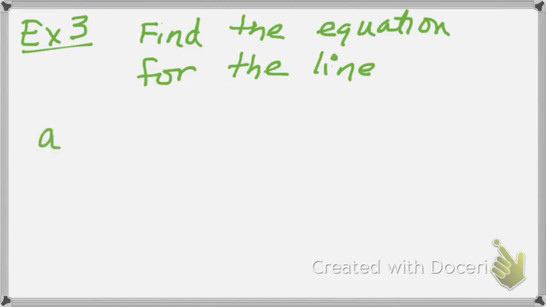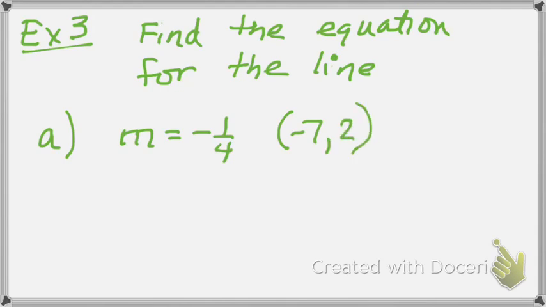So in letter A, I'm going to give you a line that has a slope of -1/4 and it goes through the point (-7, 2). So if I know a slope and I know a point, what form should I use?